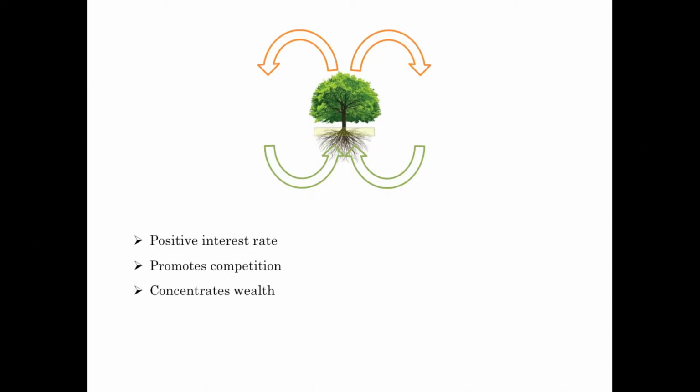Taking the inverse of each of these attributes, instead of a positive interest rate, we would have a negative interest rate. Instead of promoting competition, there would be promotion of cooperation. And instead of concentrating wealth, we would see a dynamic of distributing wealth.